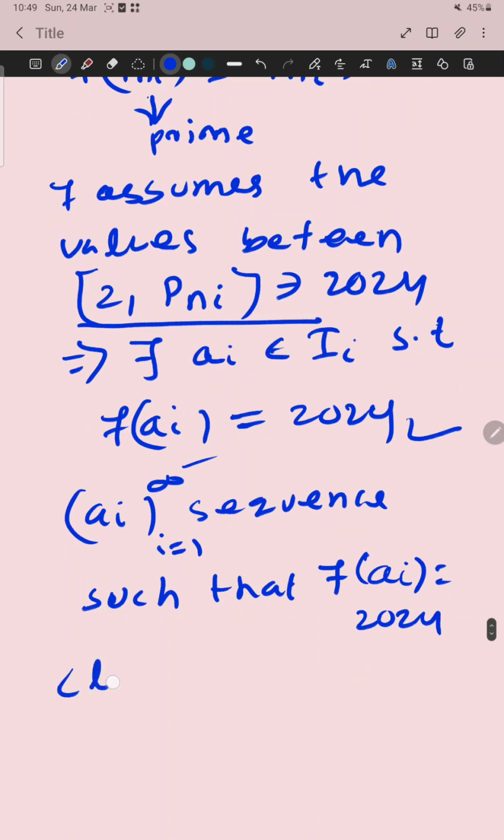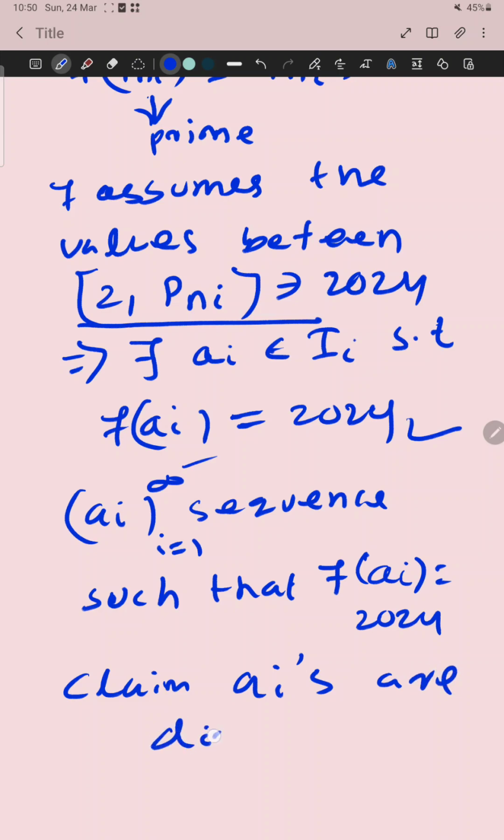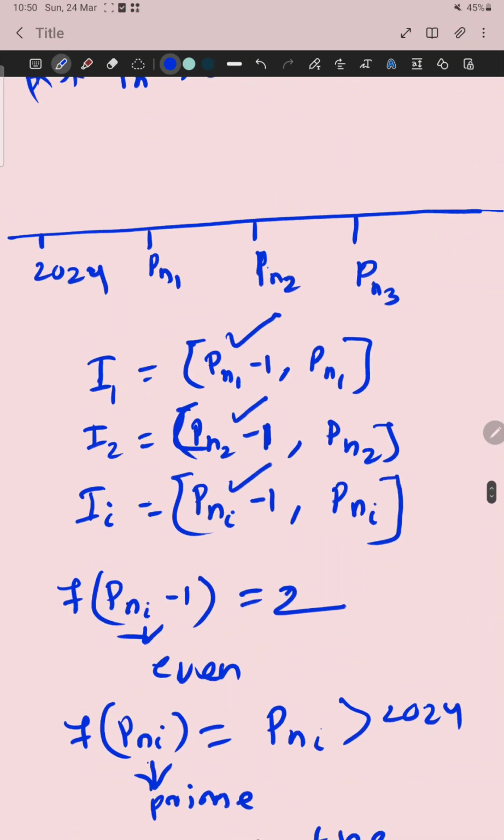The claim is that all ai are distinct. Why are the ai distinct? The ai are distinct because the intervals are disjoint.